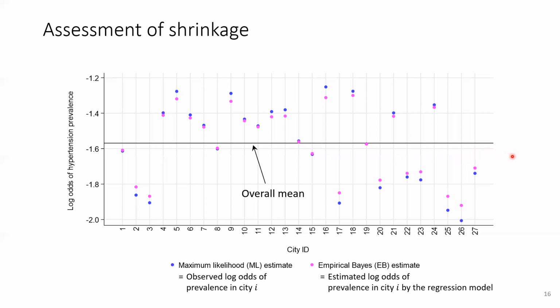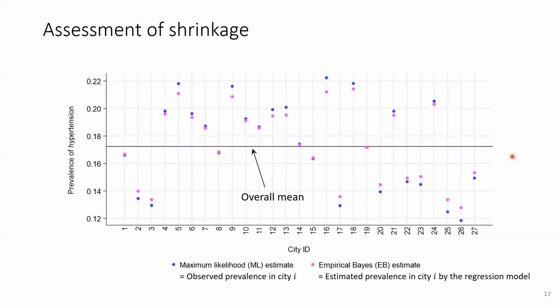And well, this is in log odds scale, and this is in probability scale, just so that we can imagine better. In this scale, say this city, the observed prevalence is about 22%, but the estimated one is 21%. So it's not that bad.